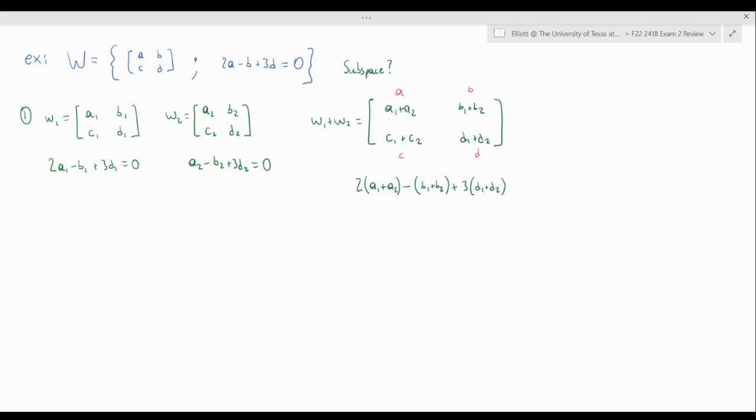And so to do that, you can distribute everything and rearrange the equation a little bit. If you group together the A1 term, the B1 term, and the D1 term, and then group together the A2, B2, and D2 terms, okay?